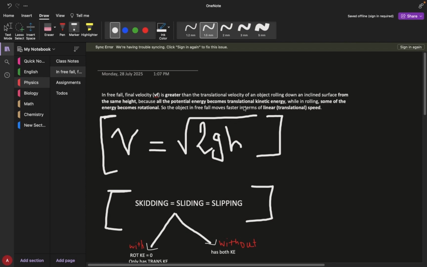I repeat, in free fall, the translational speed is more. This V is more when comparing it to rolling down, because in free fall none of our potential energy is converted into rotational kinetic energy, because we're simply not rotating. That's just it. And mathematically, like I said, you can try it on your own.